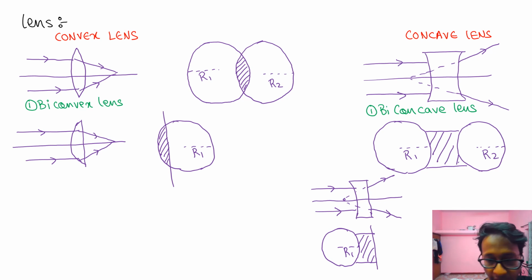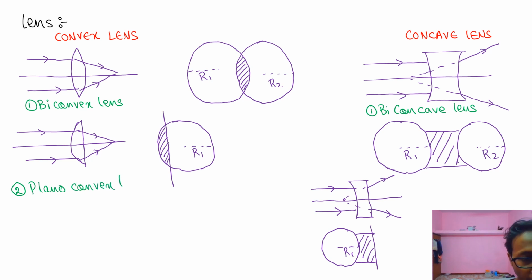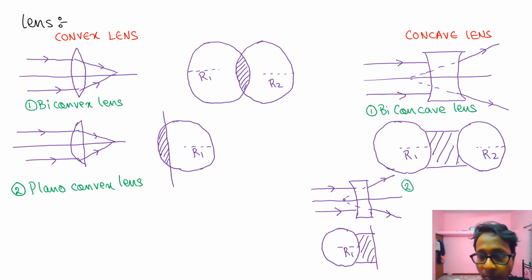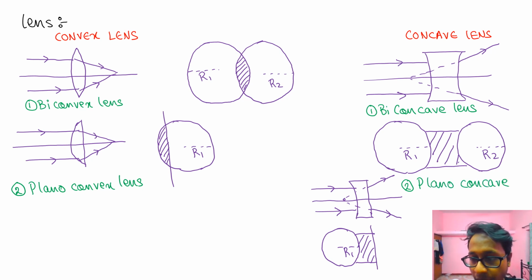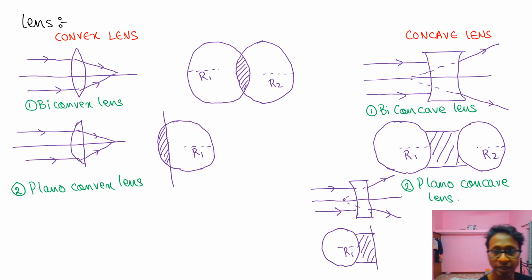This kind of lens is called a plano-convex lens, and this kind of lens is called a plano-concave lens.